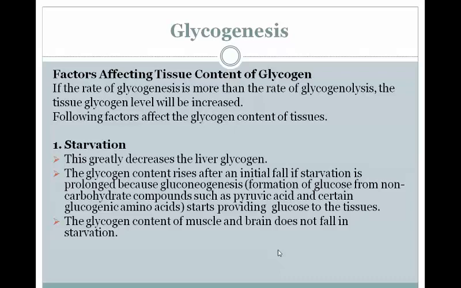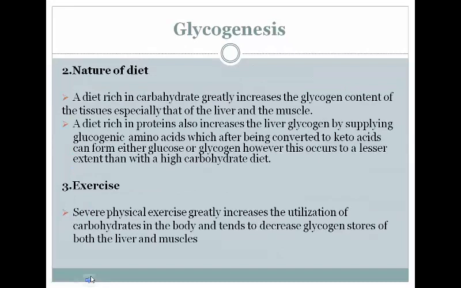But the glycogen content of muscles and brain does not fall in starvation. The glycogen content of tissue also depends on the nature of the diet. A diet which is rich in carbohydrate greatly increases the glycogen content of the tissue, especially that of liver and the muscles.